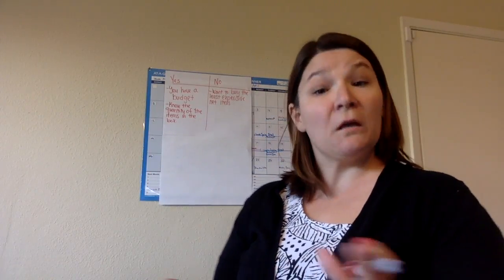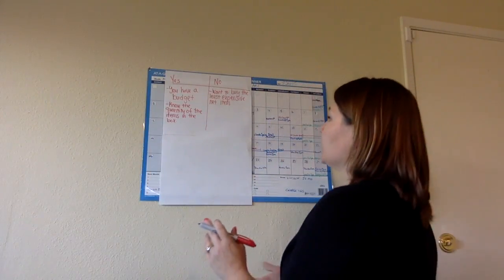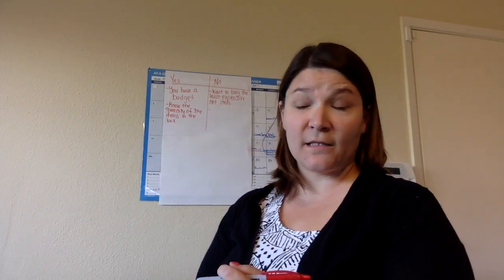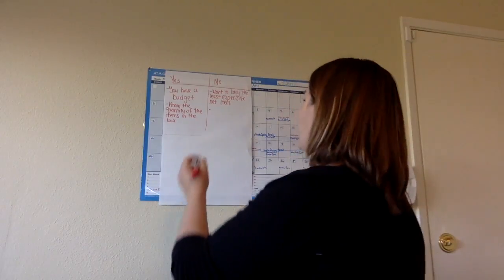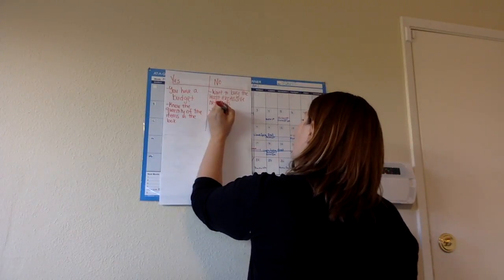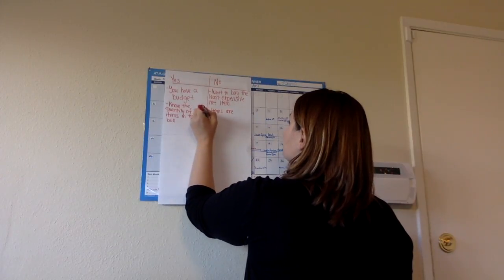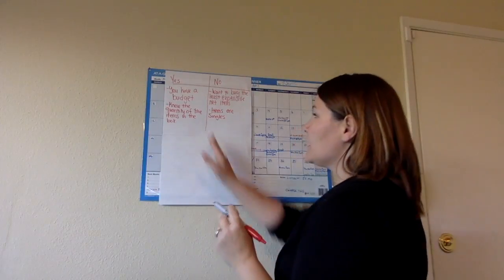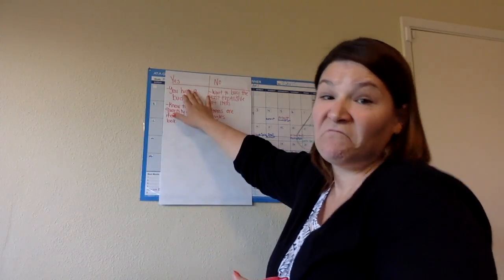Okay, here's a no example. The items are singles. You don't have multiples in the box. The items are already singles. So we know the yes examples right now are that you have a budget.